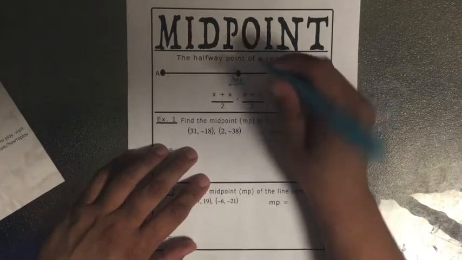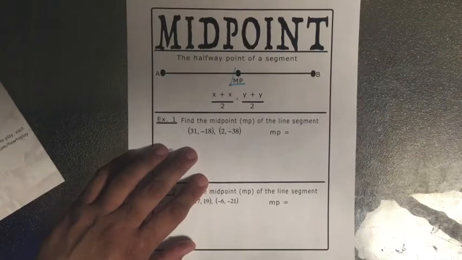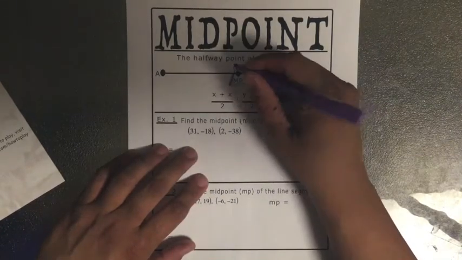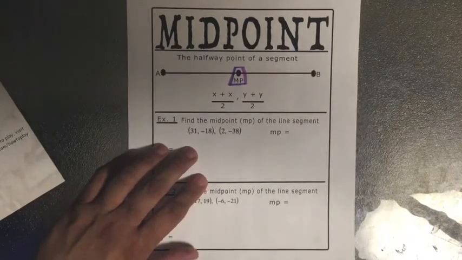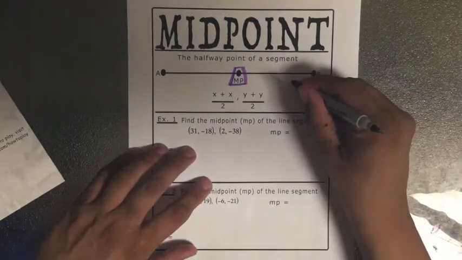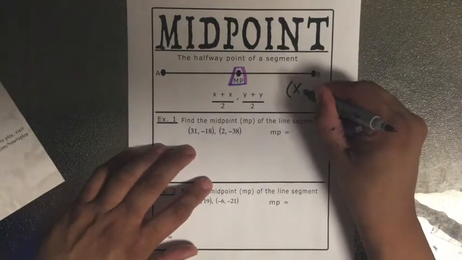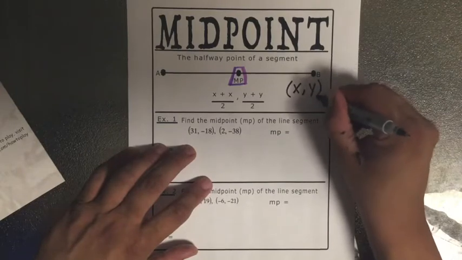This is the midpoint right there. So we have to remember that a point is x, comma, y.